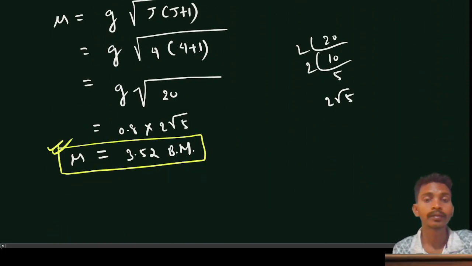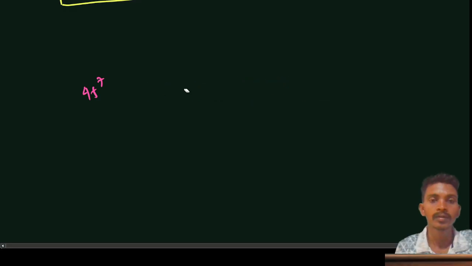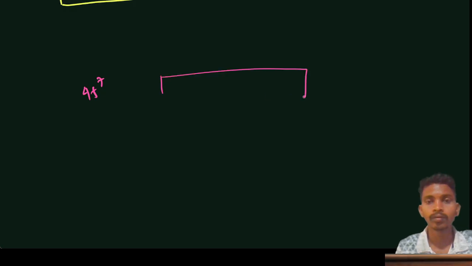Now likewise we can take any other examples, like if there are any orbitals, let's say 4f7, for that case we can take 1 2 3 4 5 6 7.